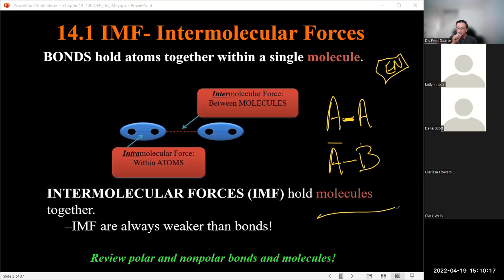And how we found that is by using the periodic table, because we know that fluorine is the most electronegative element, okay? The trend is that electronegativity, which is an actual value, increases from left to right across the periodic table, and from bottom to top.